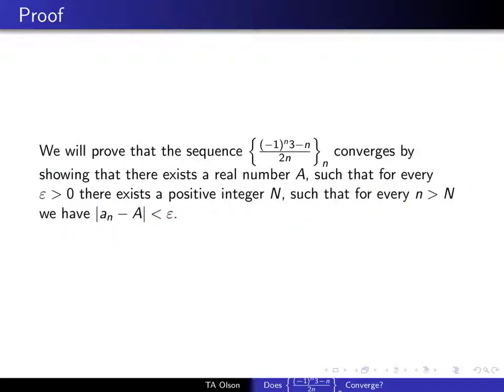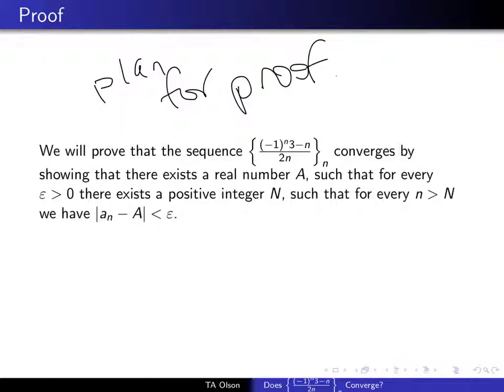All right. So here is the plan for the proof. Basically, all this says is it takes our definition and says that we're going to show that there exists a real number a. We're going to claim it by fiat. We're not going to stick it in a tiny little car and drive it around. We're going to claim it.